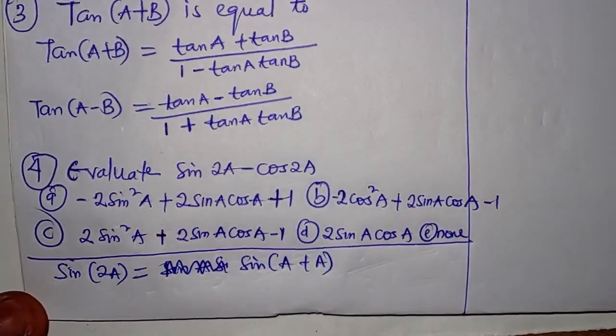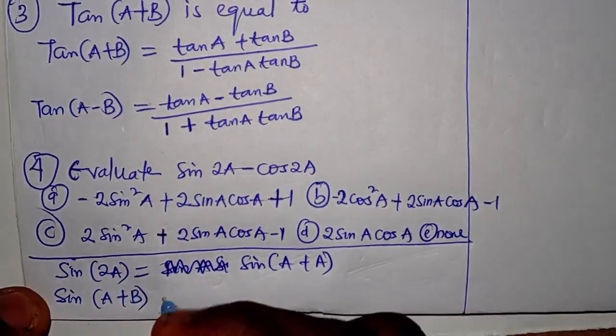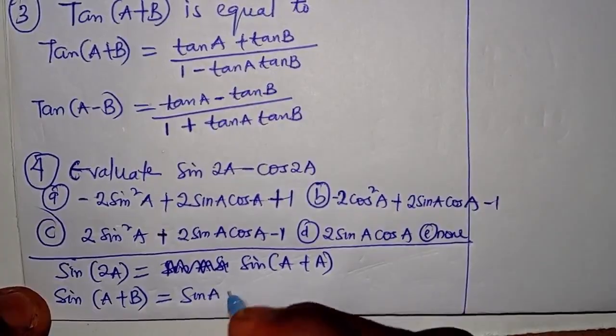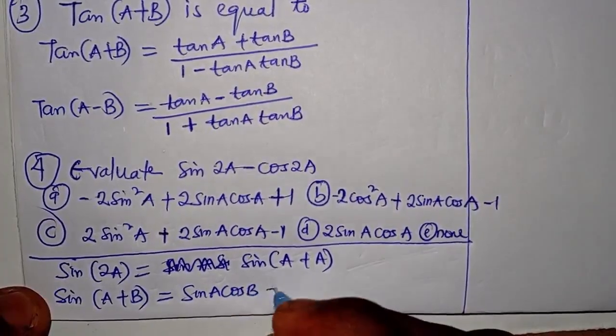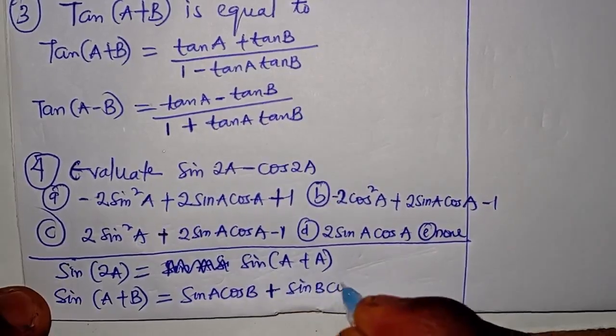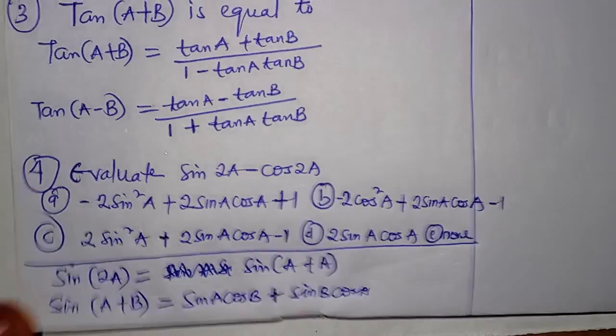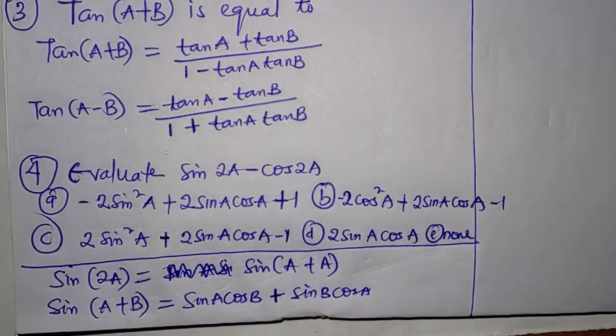Now, for the sine of a sum, sine A plus B, for example, is sine A cos B plus sine B cos A, or I can say sine A cos B plus cos A sine B, it is the same thing. You know, multiplication is commutative.